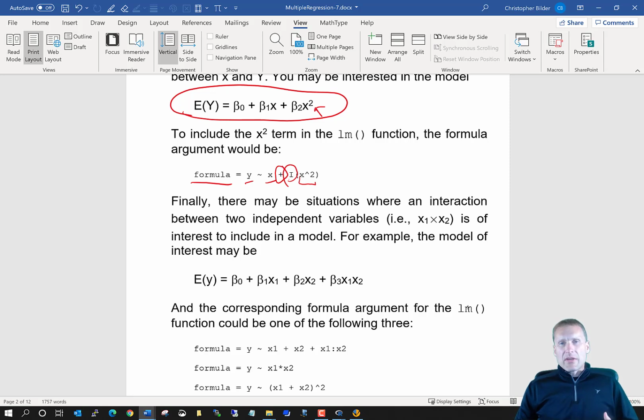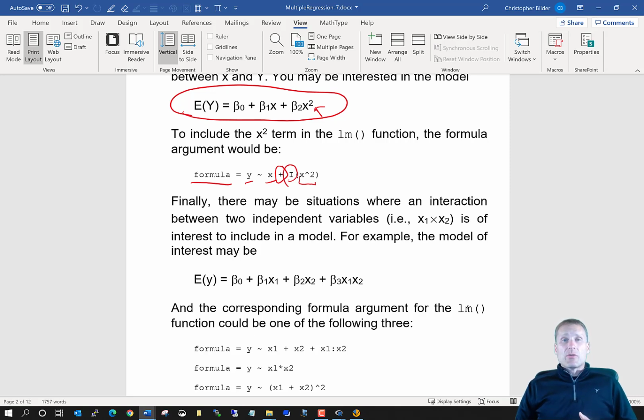And basically what that tells R is to treat this x caret 2 as what we really mean, which is x squared. Now you might be thinking, well, why wouldn't R think it's x squared anyway to begin with? The reason why will be clear at the end of this page. But we definitely need to put the I function there, surrounding that x squared.